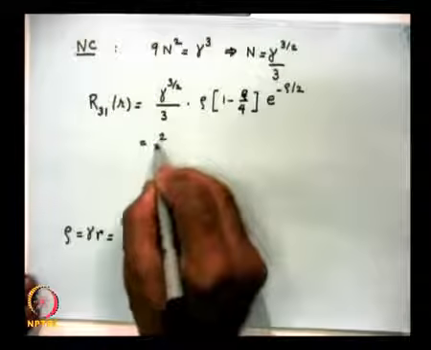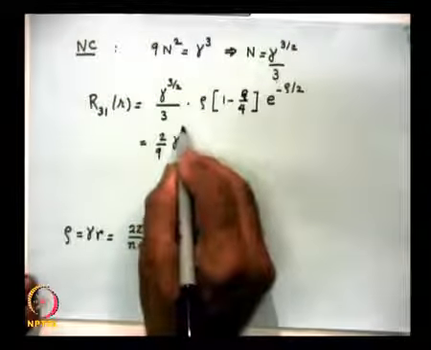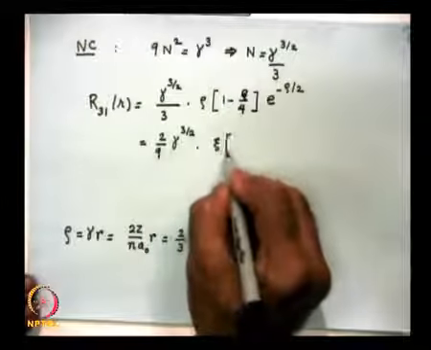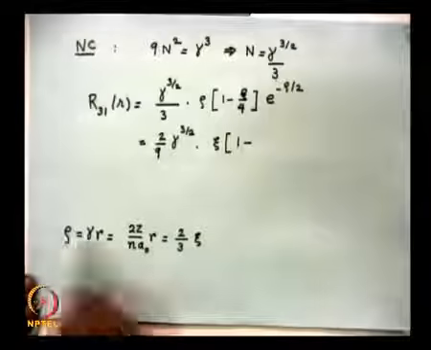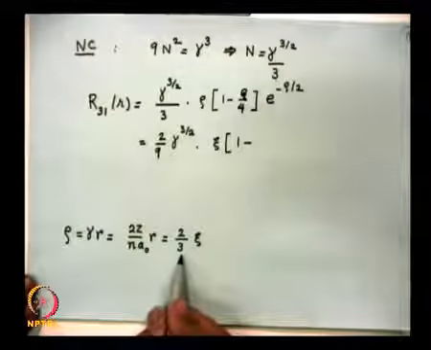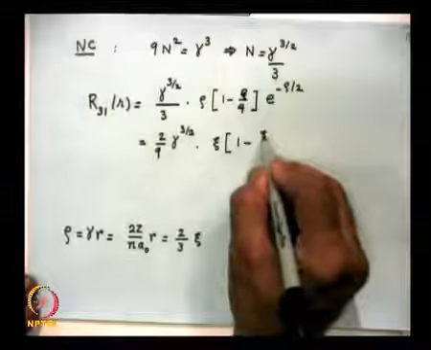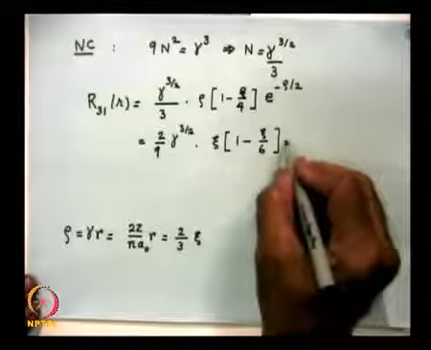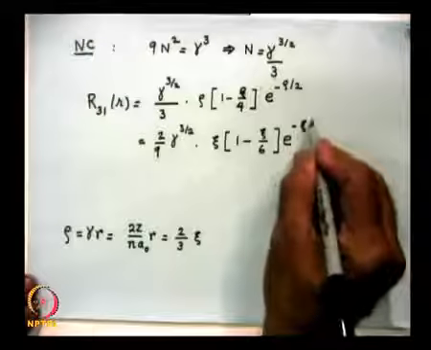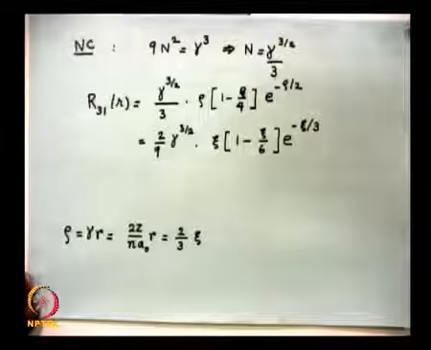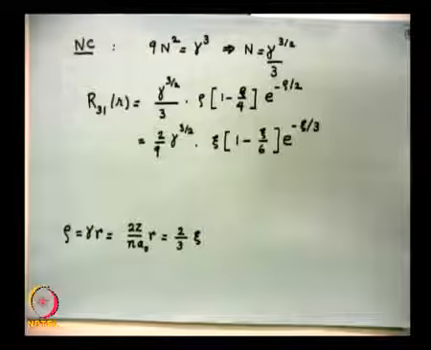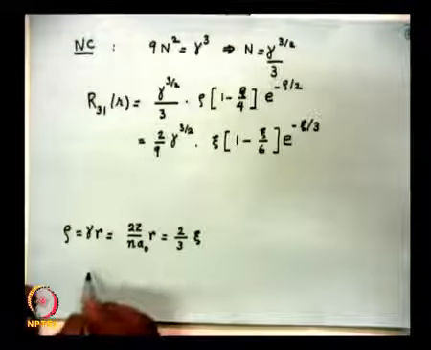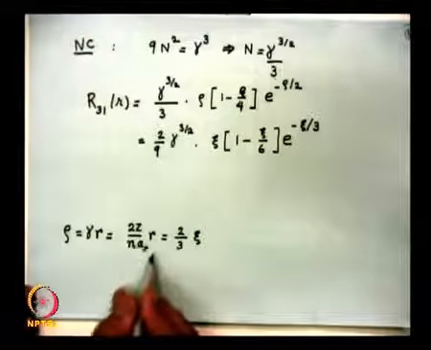So, 2 by 9 gamma raised to the power of 3 by 2 into xi into 1 minus, rho is equal to 2 by 3, so xi by 6, and rho by 2 will be xi. This is usually how the radial part of the wave function is written, and then you substitute for gamma, which will be 2z by n a0.